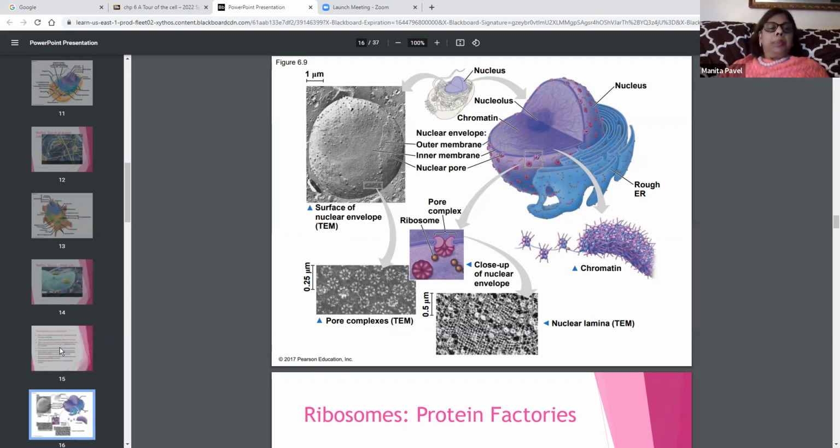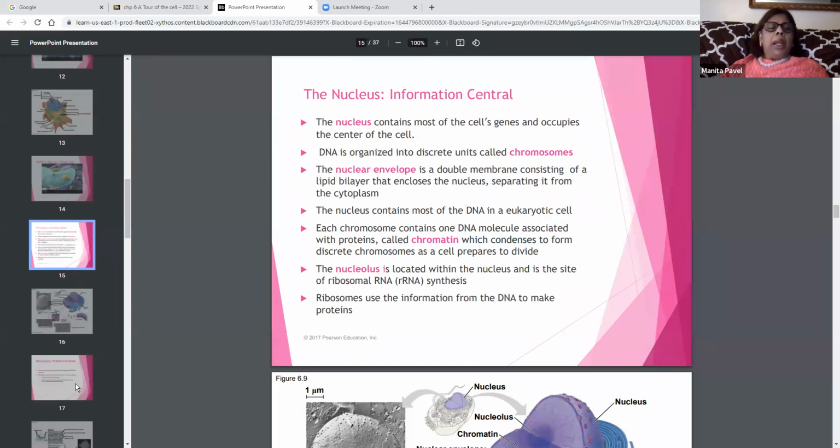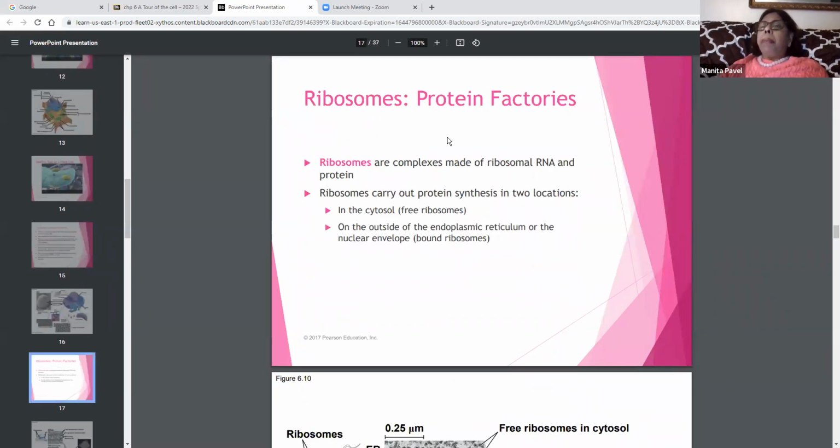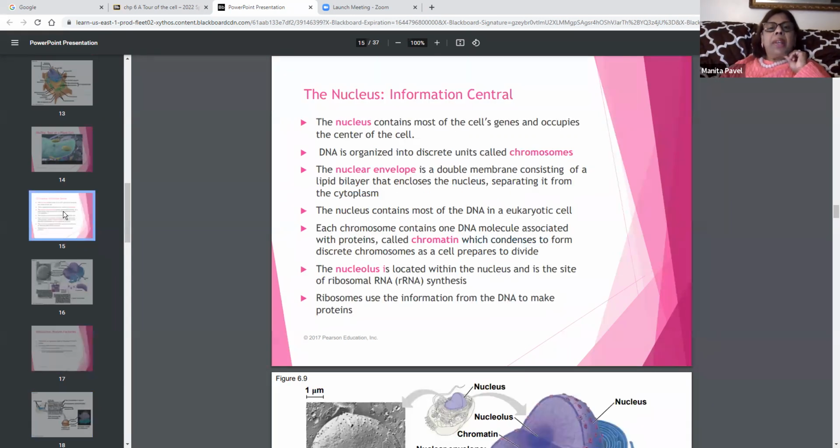Let's go now to seeing what then would be ribosomes. So when you look at ribosomes, where are we seeing ribosomes? They are the protein factories. But we want to see where these ribosomes are present within the cell.